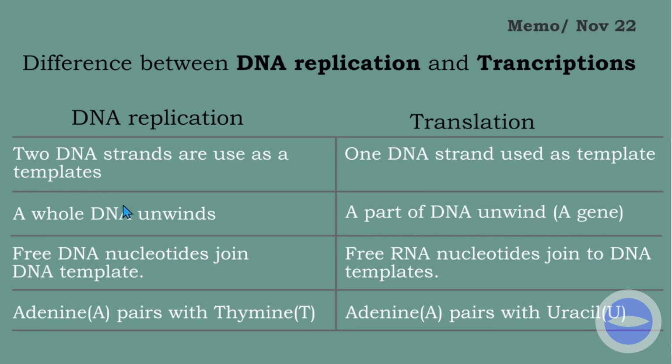In DNA replication, we use free DNA nucleotides, because free DNA nucleotides do not have uracil, and these ones do not have thymine. So you must know the difference. Like here, they say adenine pairs with thymine. In transcription, adenine pairs with uracil. So this is the difference.